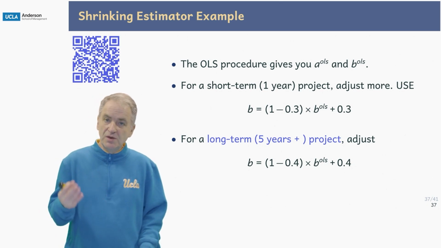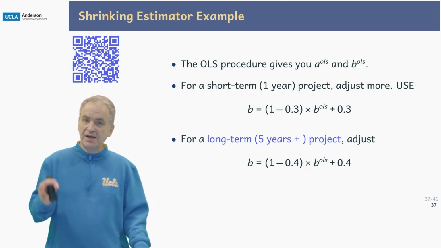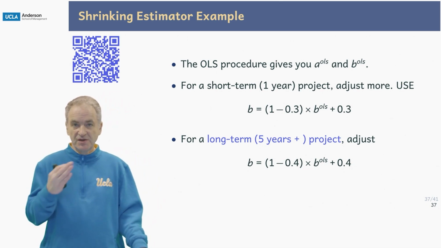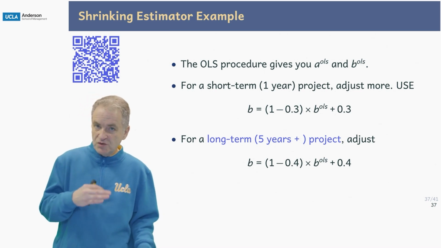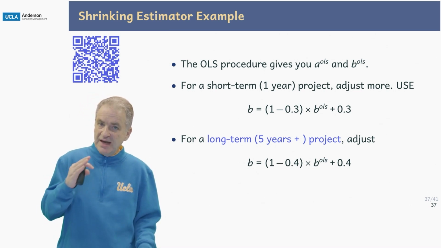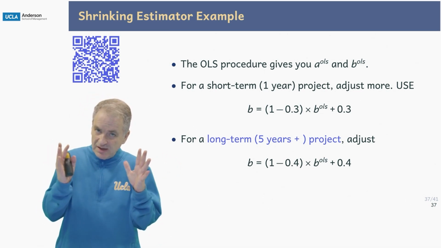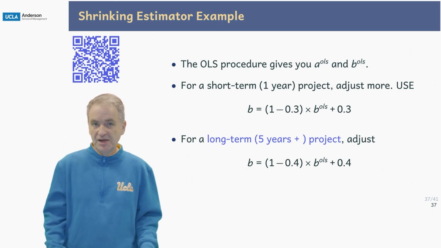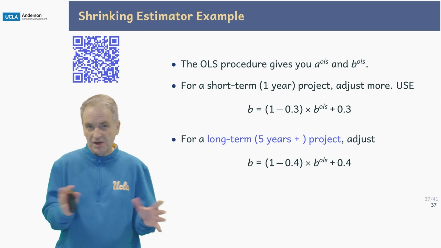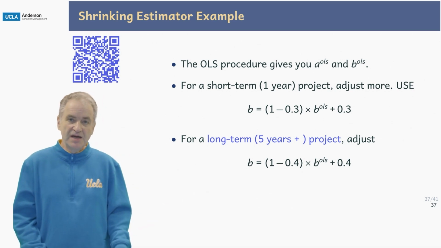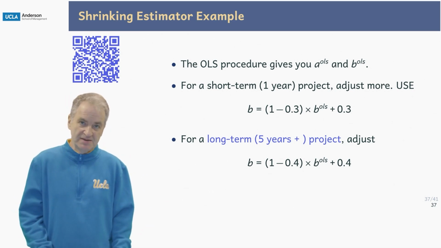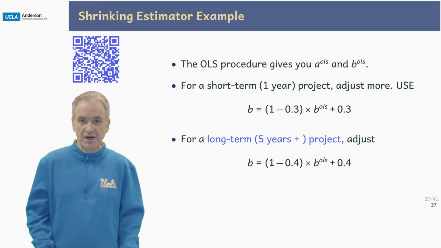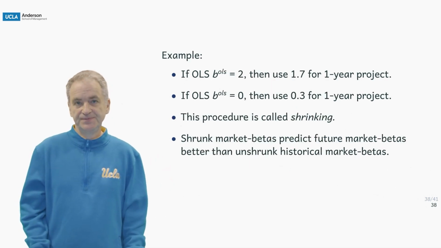And if I want to do a little bit better forward-looking, there's an interesting procedure that you can do. What you should do is you should actually shrink your beta down a little bit towards 1. So you use this particular formula here, and you should do different on a 1-year or a 5-year project. And if you do that, you will have a better estimate of beta forward-looking than from the past.